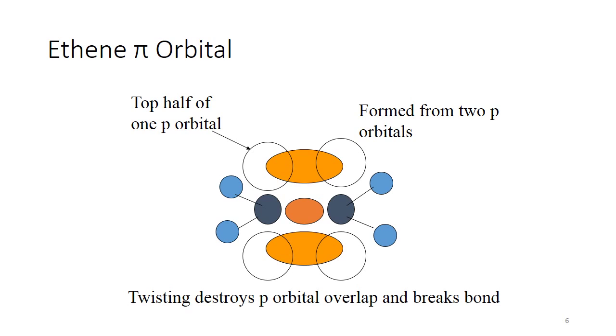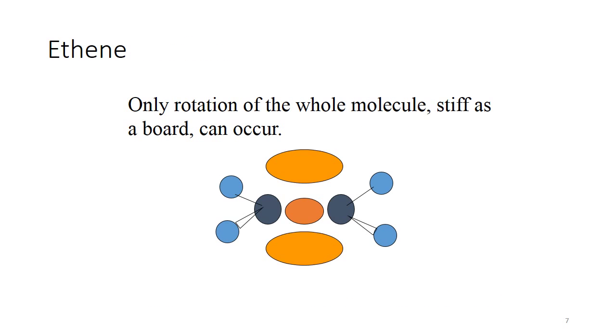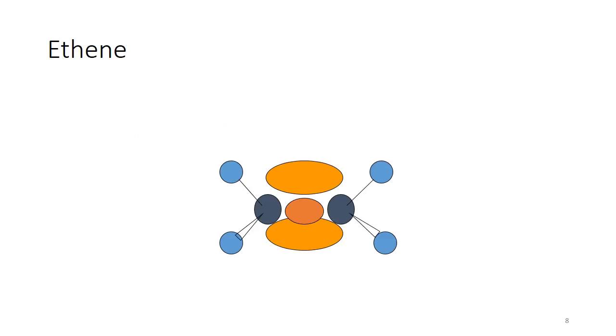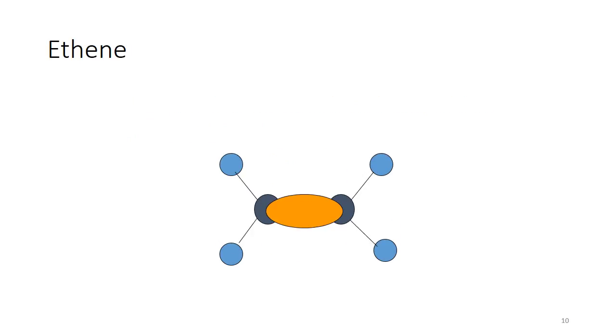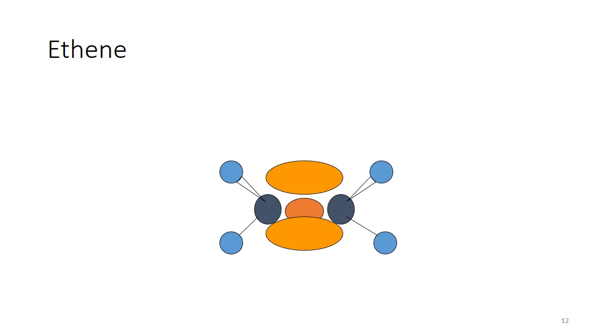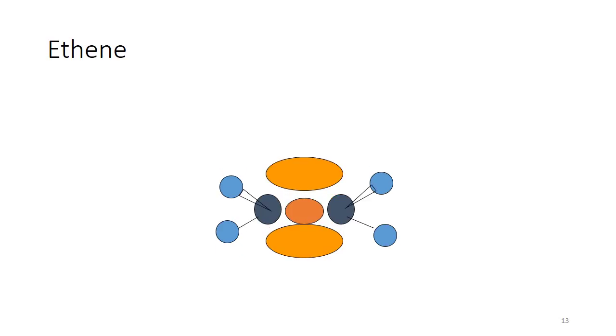So rotation does not occur. Only rotation of the whole molecule, stiff as a board, can occur. See how it's rotating as a molecule, stiff, flat. It does not twist around the pi bond.